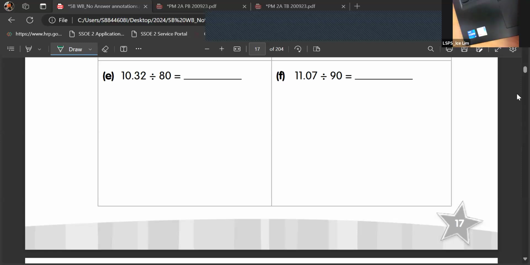So this one here, I can do 10.32 divide by 10 first, then divide by 8. Actually, it's the same thing. So I'll bring the decimal point, 1.032 divide by 8.